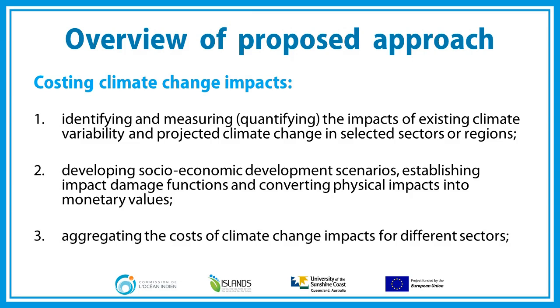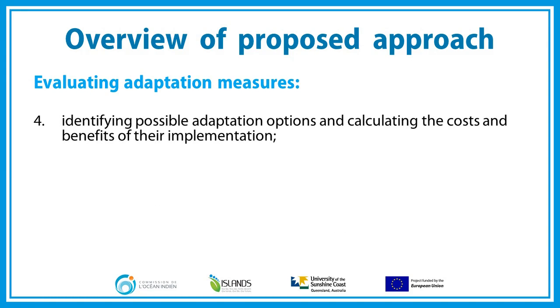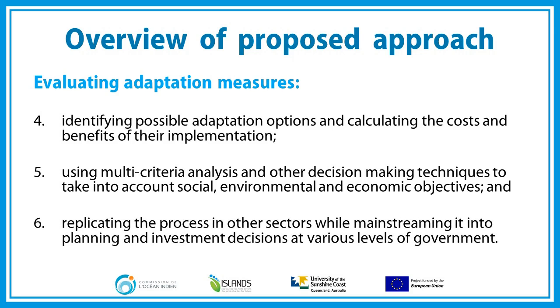Aggregating the costs of climate impacts for different sectors over long periods of time. 4. Identifying possible adaptation options and calculating the costs and benefits of their implementation. 5. Using multi-criteria analysis and other decision-making techniques to take into account social, environmental, and economic objectives.